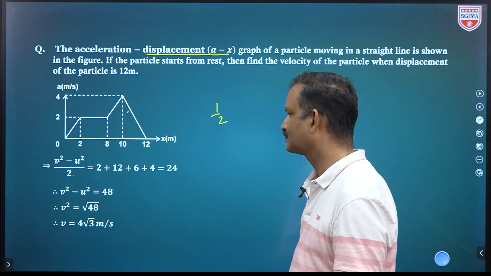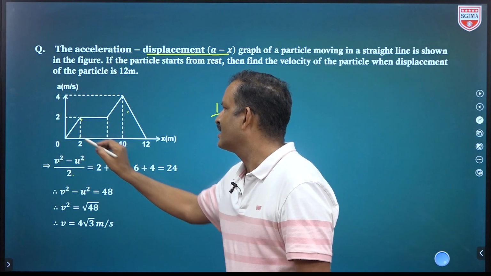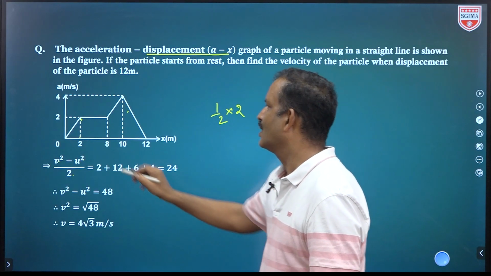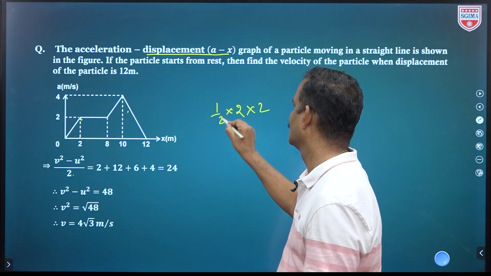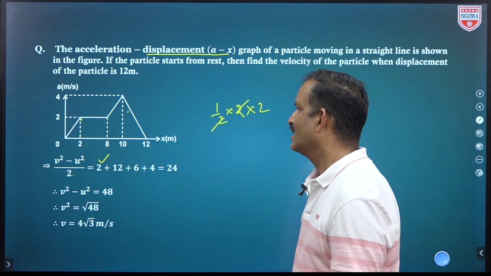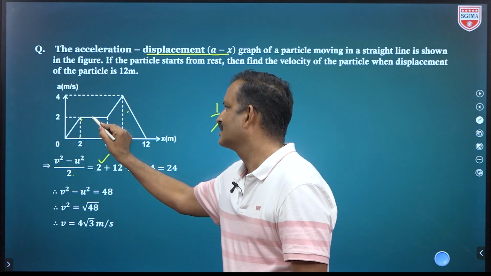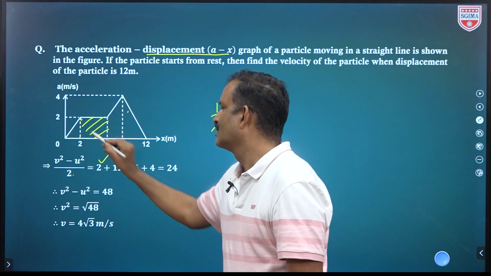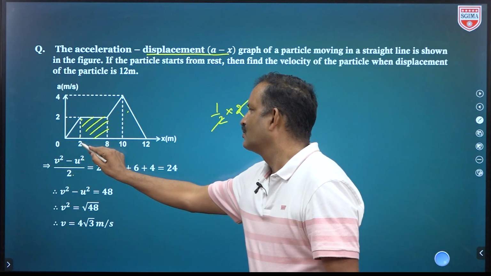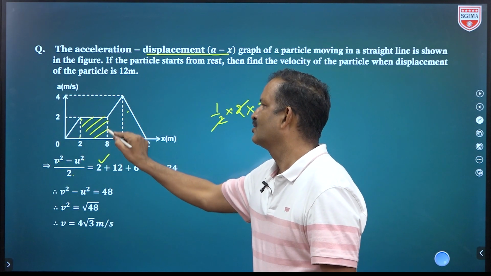Half into base 2 into height 2. This area is 2. Similarly, if you calculate this area, the difference is 6, 6 into 2.